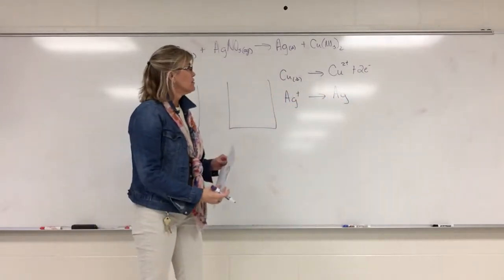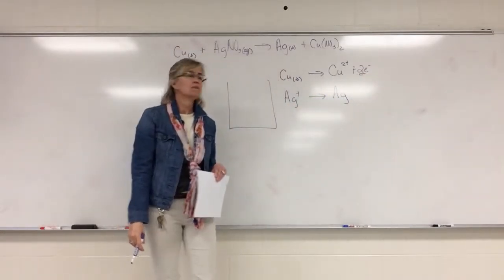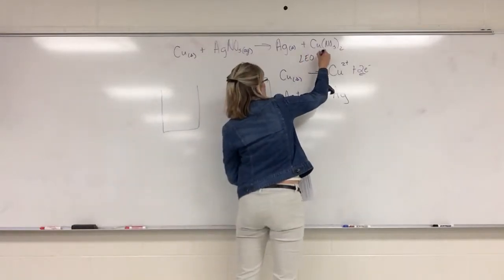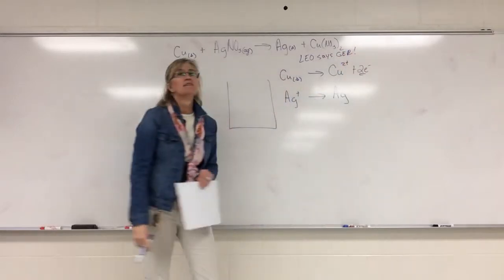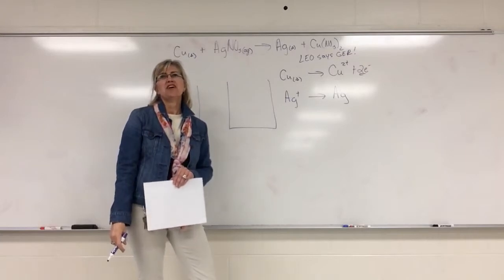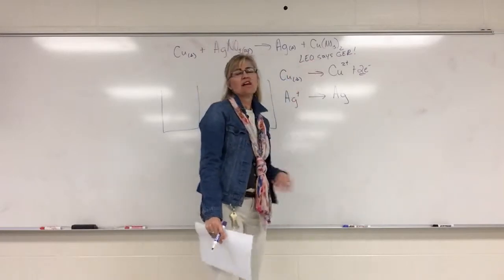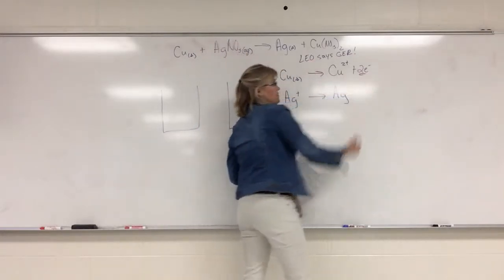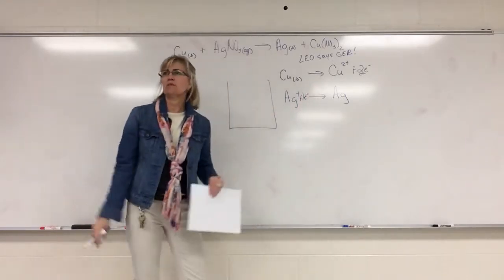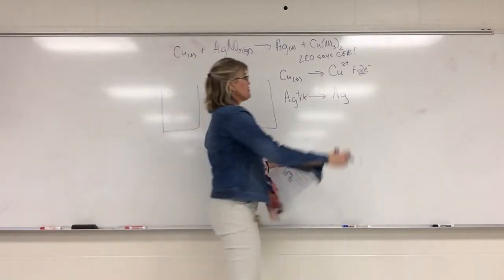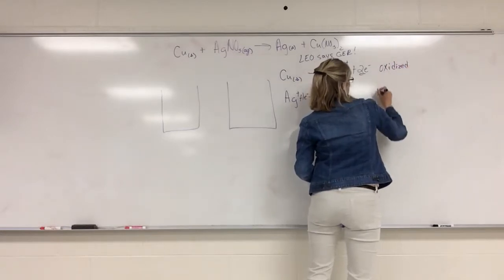If we lose electrons, that is oxidation. Remember, LEO says GER. Loss of electrons is oxidation. The copper lost electrons. The silver then picked up the electrons. Obviously, we'd balance this before we put it together, but this is just for the sake of seeing what is oxidized and what is reduced.